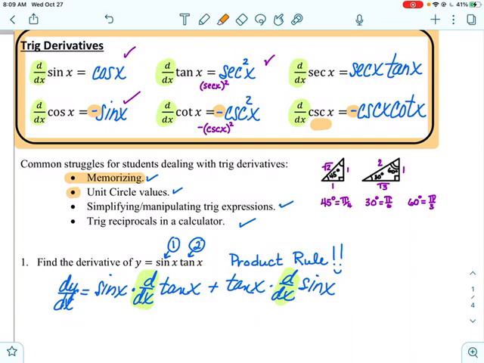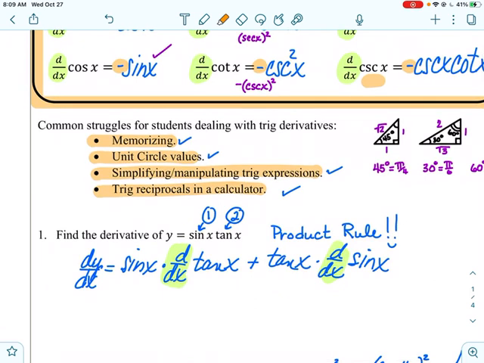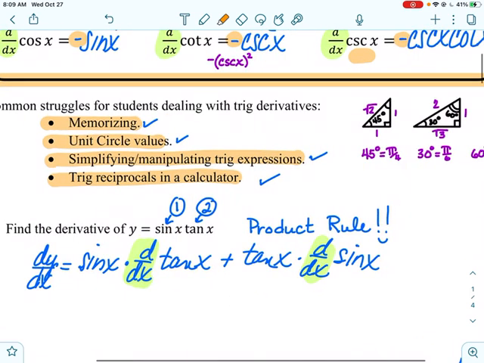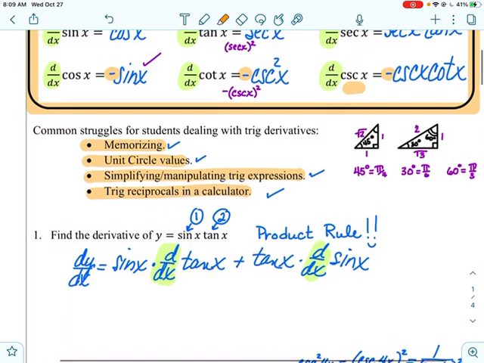Okay, and then unit circle values, simplifying and manipulating trig expressions, and trigonometric reciprocals in a calculator. If you have to graph the tangent, you can graph it by hitting y equals and putting in tan. But if you're going to graph the cotangent, remember you have to graph 1 over tangent, or you can graph cosine over sine.